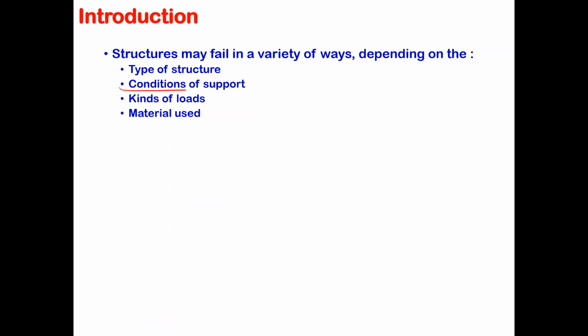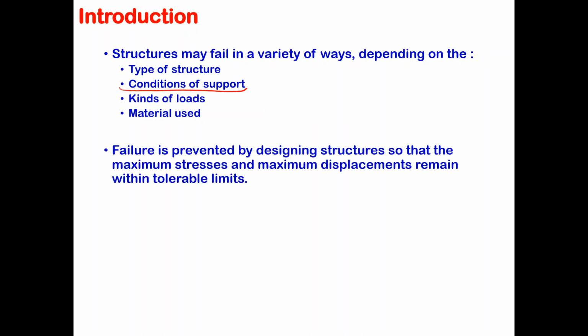We already know that structures may fail in a variety of ways depending on their type, the condition of their support, which is a very important part of the discussion in buckling failure, the kind of load, and the materials used in the construction of that structure, right?